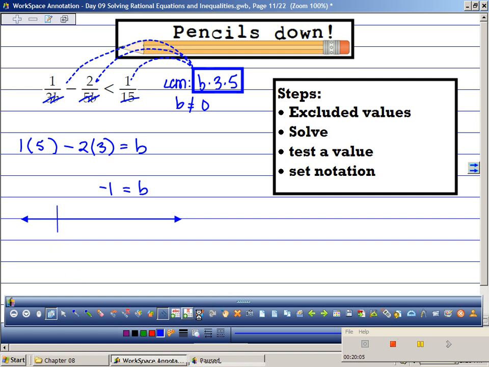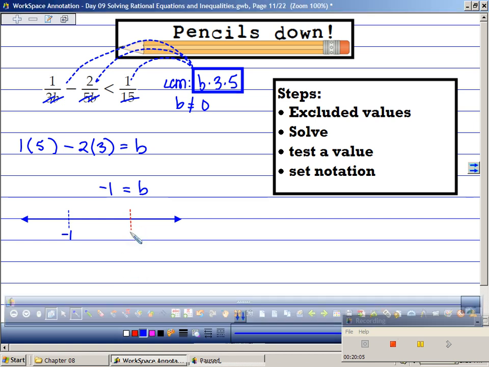Sorry, I wanted that to be dashed. My solution is right here, which is at -1, or my solution is surrounding -1, right? That's what we're concerned with. But we have one other thing we have to be concerned with. What? Can't be 0. Well, this is where the problem comes in. If I say that B is less than or greater than -1, that solution would include 0, right? So you've got to do what?